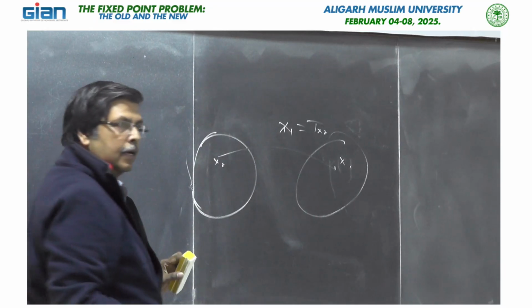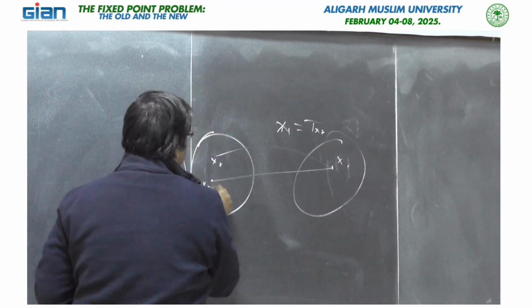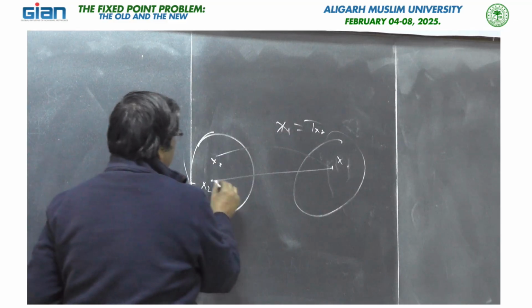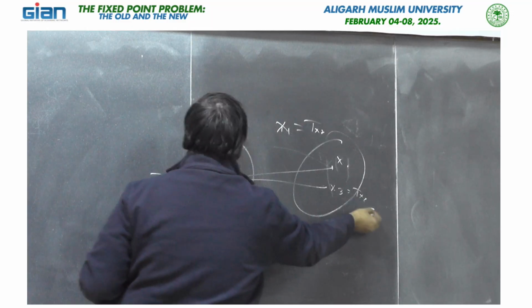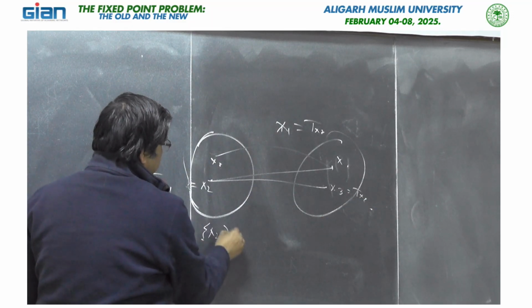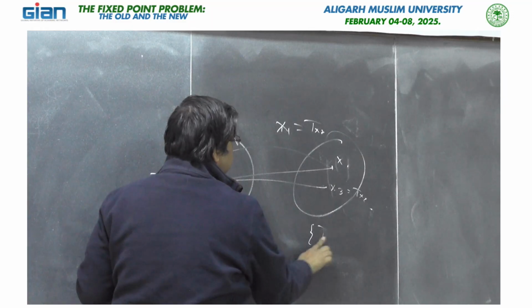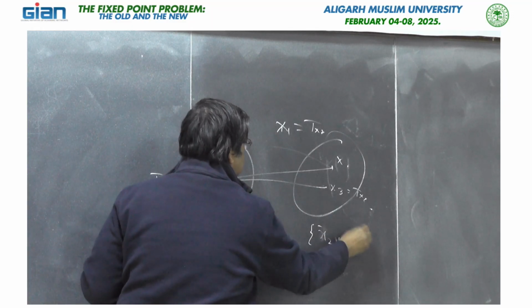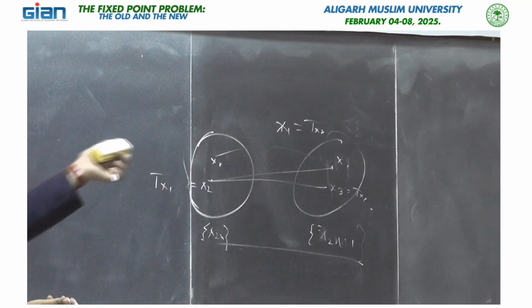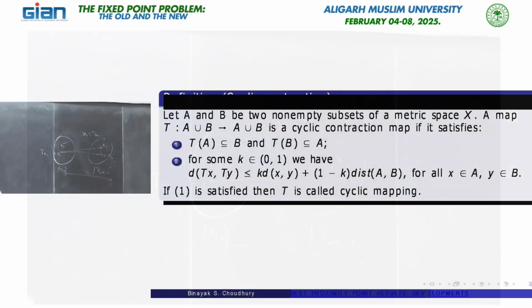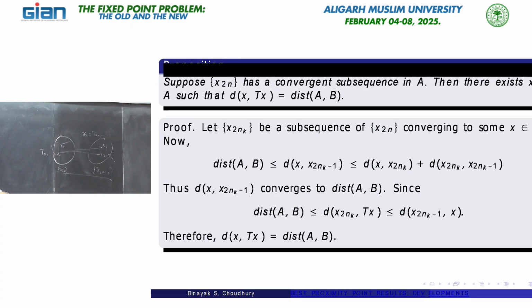We go here and then go back, x2 is equal to T x1, and then x3 is T x2. So you generate x_{2n} here and you generate x_{2n+1} here. If we assume that inequality and proceed, this is just what we do traditionally, with slight modification, in the proofs of Banach contraction. You will attain this result.